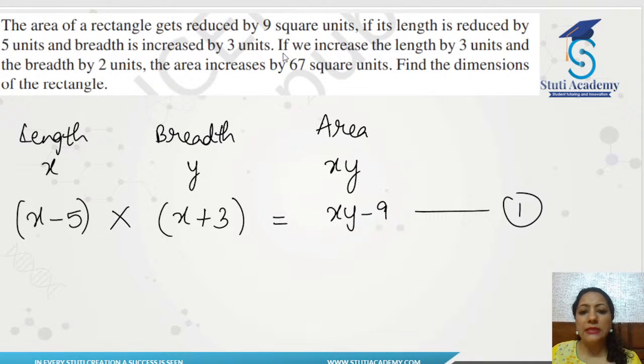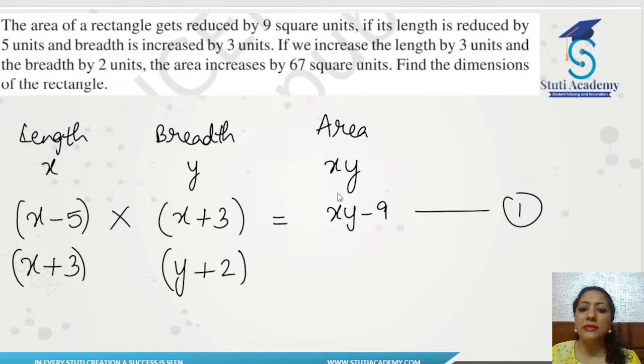Now in the second case, it's given that we increase the length by 3 units and the breadth by 2 units. Then the area is increased by 67 square units.